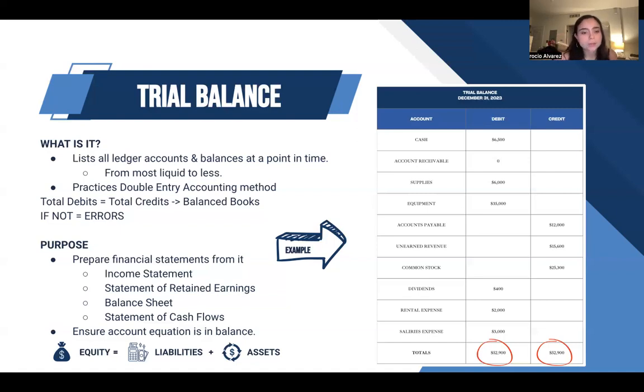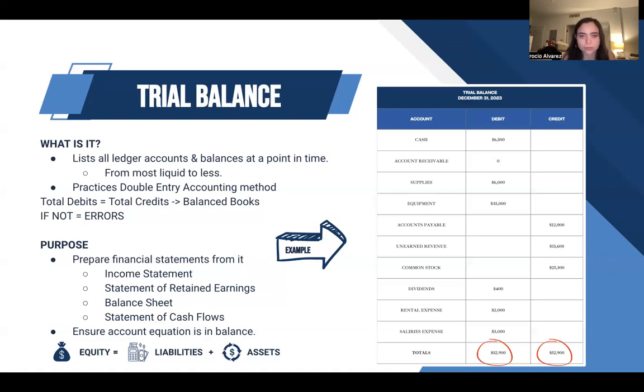So the purpose of the trial balance sheet is to give your company the opportunity to prepare financial statements at the end of the year from it, whether it's an income statement or a statement of retained earnings, a balance sheet, or a statement of cash flows.